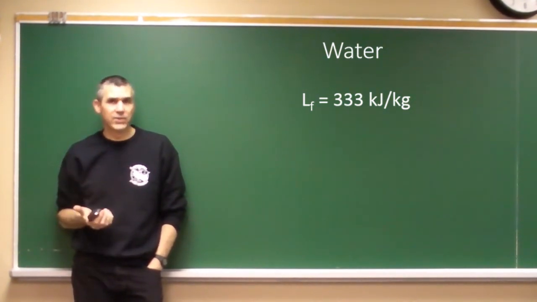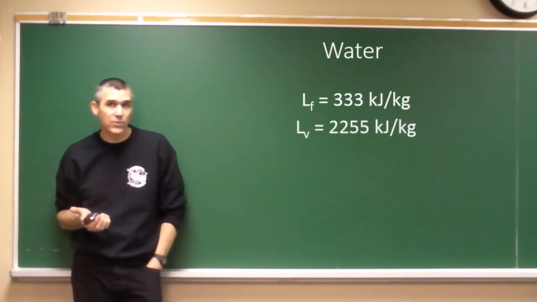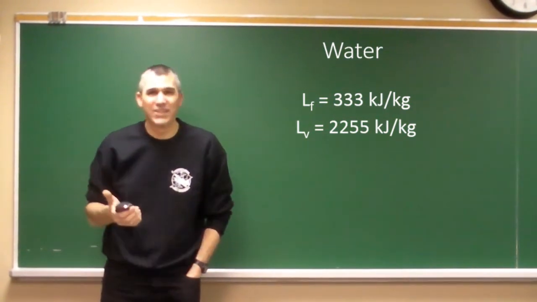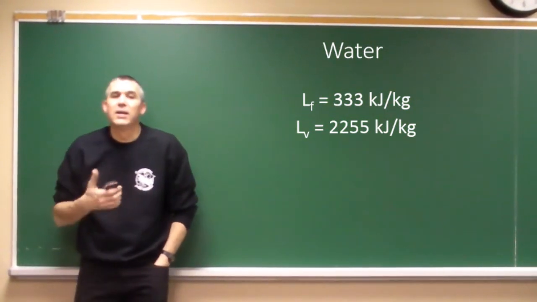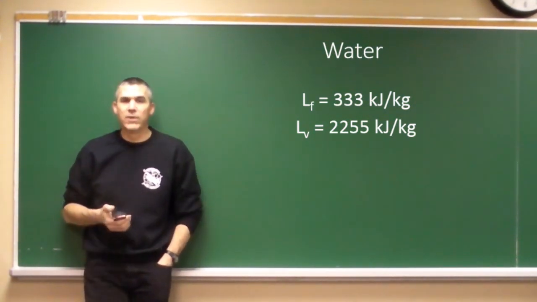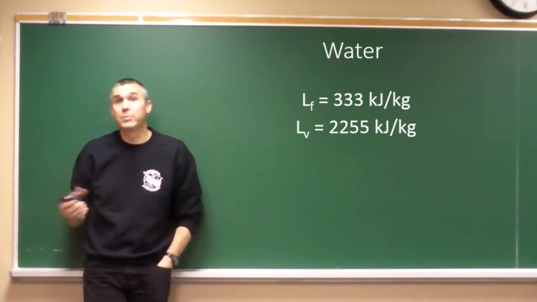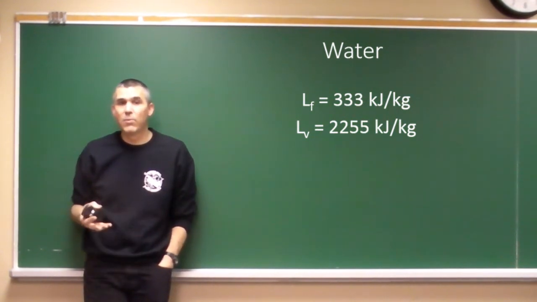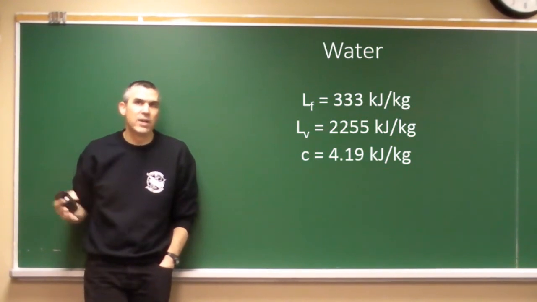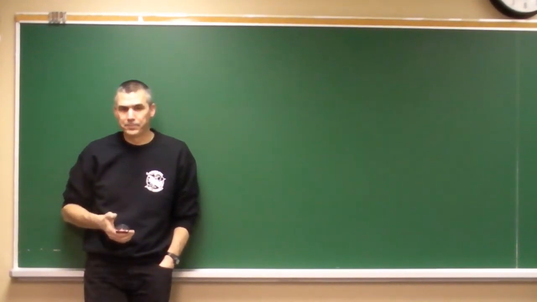The latent heat of vaporization of water is 2,255 kilojoules, so it's basically 2.2 megajoules. Lots and lots of energy, 2.2 megajoules to vaporize 1 kilogram of water into water vapor. Compare that again to the specific heat capacity of water, which is only 4.19 kilojoules. So the amount of energy required to change state is quite a bit different.